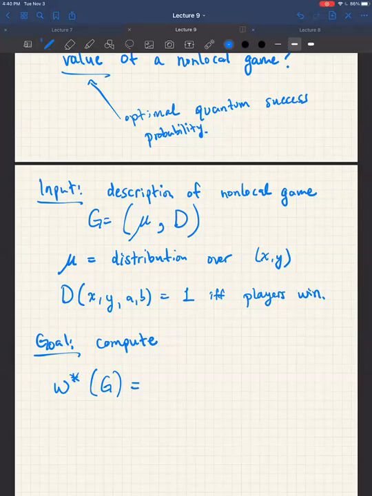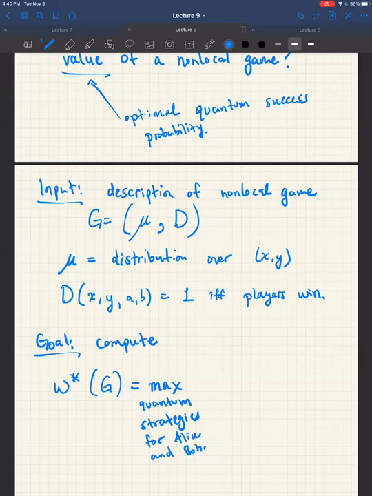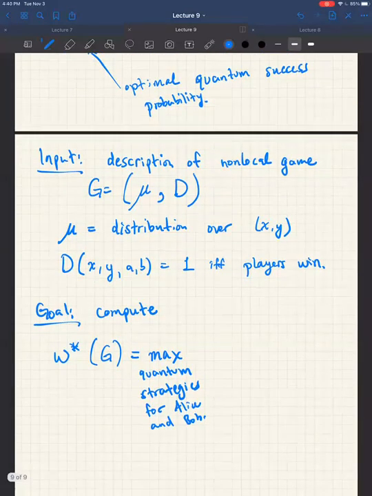So this is going to be the maximum over all possible quantum strategies for Alice and Bob. You fix a quantum strategy and it will have a particular success probability in this game. Recall, what's a strategy for a game? Well, it's a choice of entangled state that Alice and Bob can use, and also measurements that they'll perform.